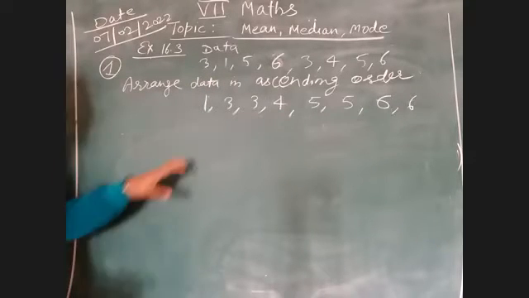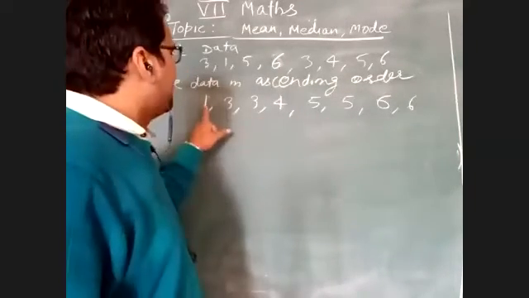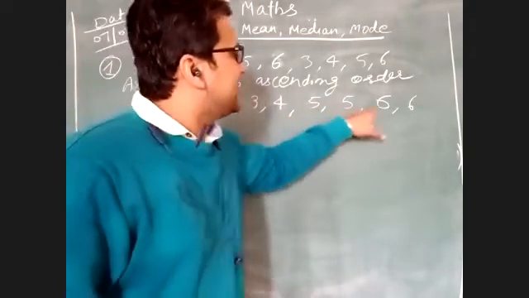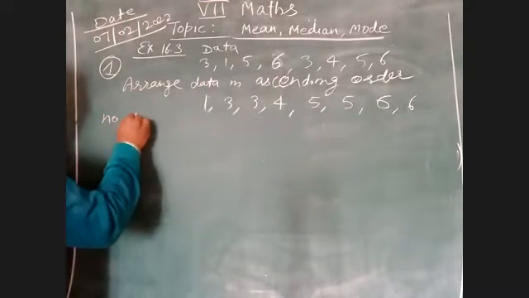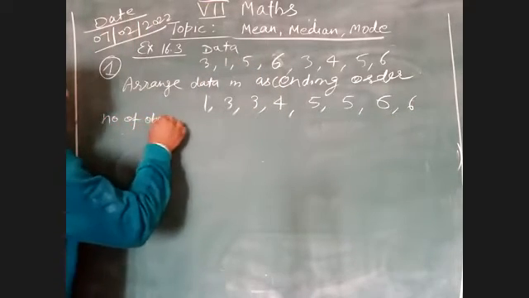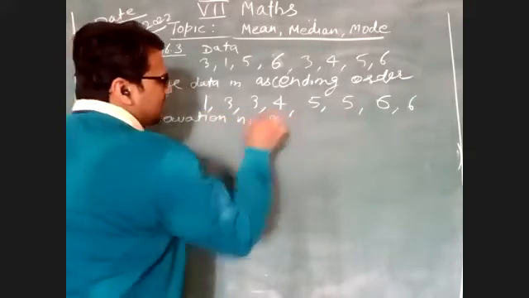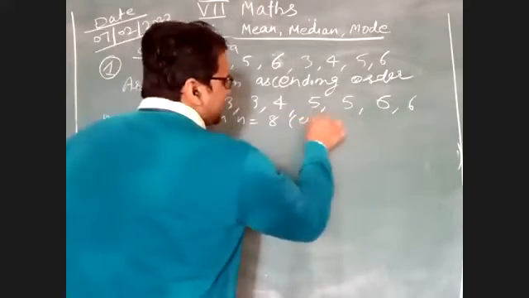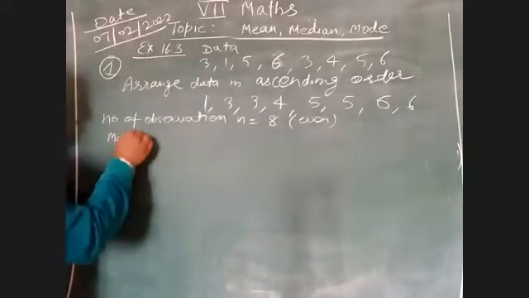Now we have to count the observations. There are a total of 8 observations: 1, 2, 3, 4, 5, 6, 7, 8. So the number of observations, n, is equal to 8, and 8 is an even number. So we will use the formula to find the median.